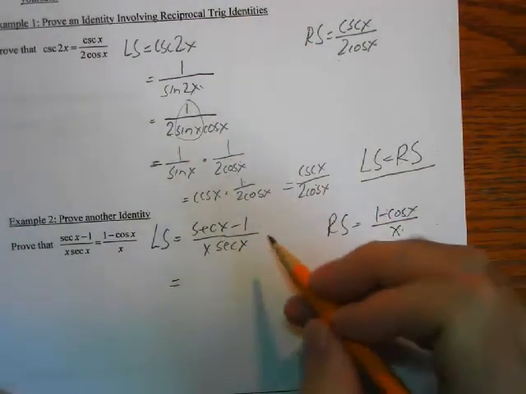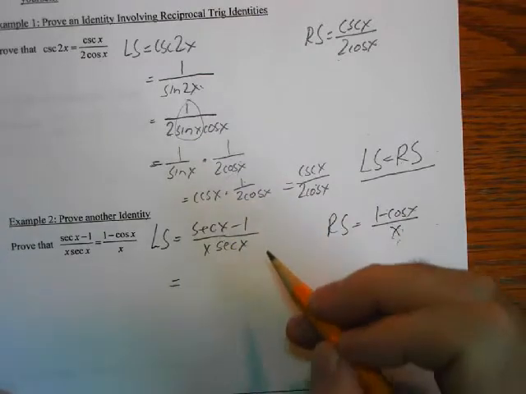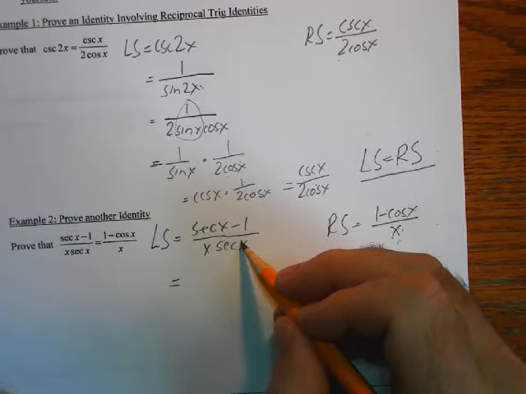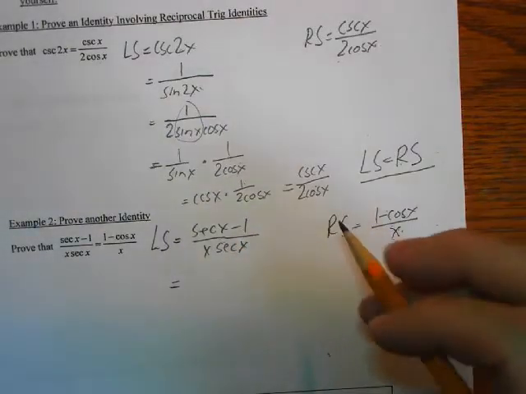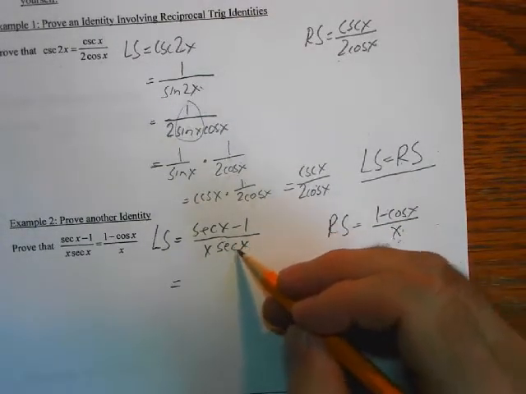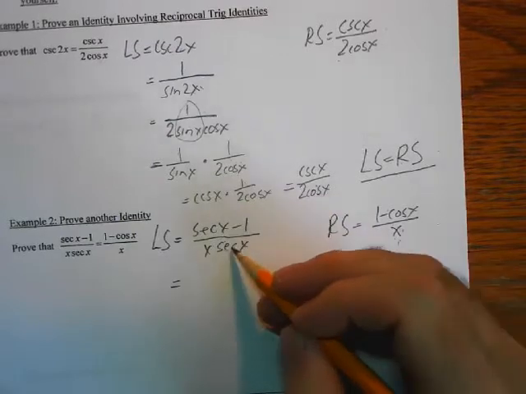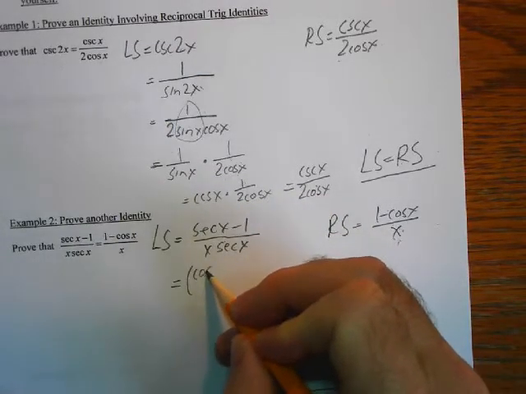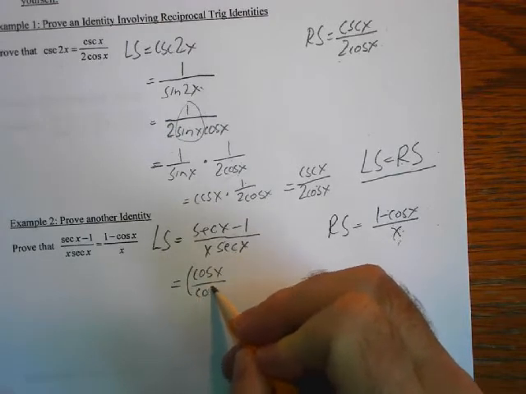Okay, so what I'm going to do, this is a trick we didn't really talk about. If I want to get rid of the secant x, if I multiply that by cos x, they basically undo each other because they're reciprocal functions anyways. So I'm going to, out front here, multiply the whole thing by cos x over cos x.